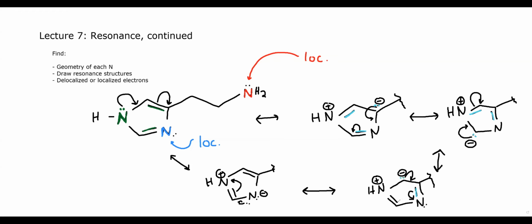That lone pair on that nitrogen on the bottom left is not moving. It's localized. The delocalized electrons are the ones highlighted in light blue. Those are the ones moving around the ring system, participating in resonance. Okay, so all of those light blue electrons, I'll even draw them over here, are all delocalized, participating in resonance.